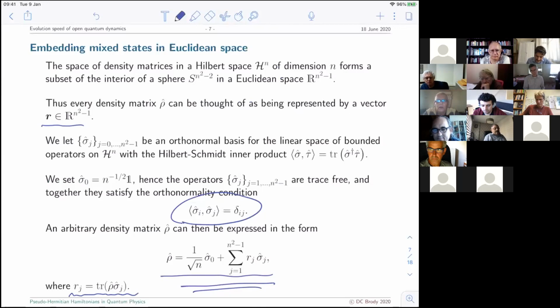So the point is, the sphere up here is where the pure state is mapped onto. And there's a theorem in geometry due to Kobayashi from the 70s that this is the minimum immersion of the Fubini-Study manifold in Euclidean space.